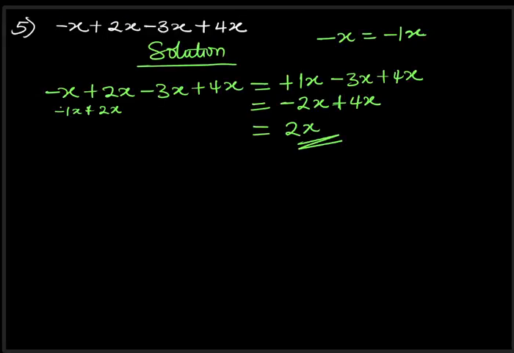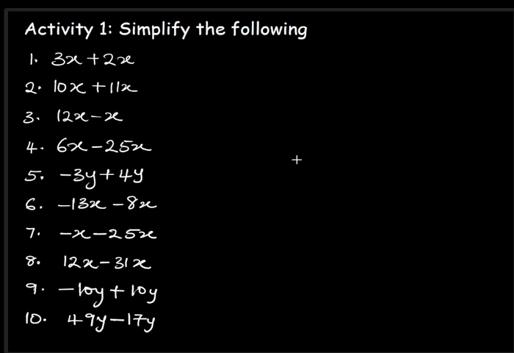Okay, so that brings us to the end of addition and subtraction of directed variables. We have activities here, so please do well to carefully go through the activity questions one after the other. We have activity 1.